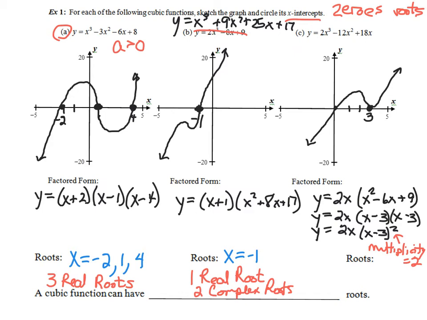What I found for this one was that the roots were x is equal to 0 and 3, and I saw that this one had 2 real roots.